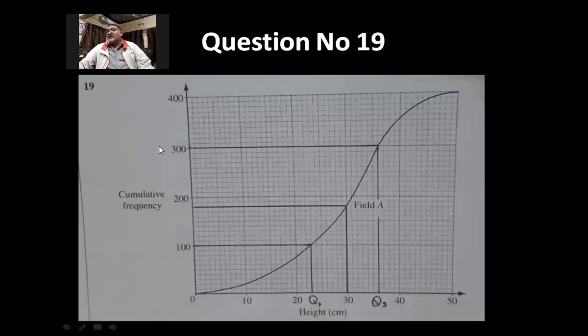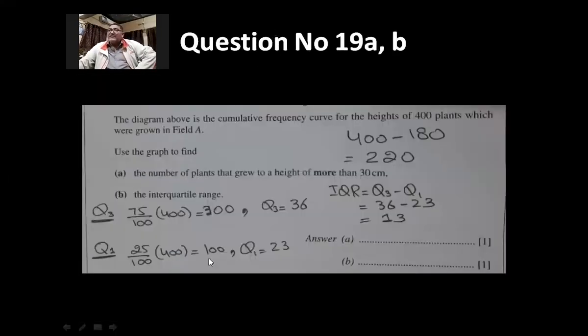So from this graph, I will check 300. From here, I will come to the graph, and under this, the value of x will be Q3. So this value is something like 30, 1, 2, 3, 4, 5, 6. It's 36. So the Q3 value will be 36.